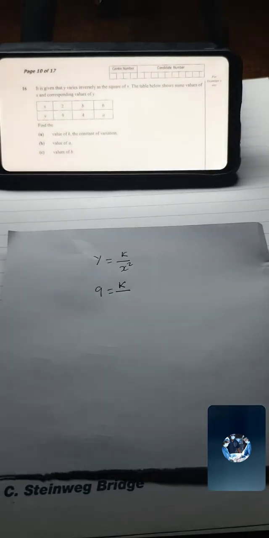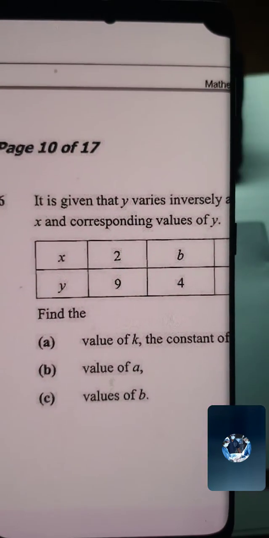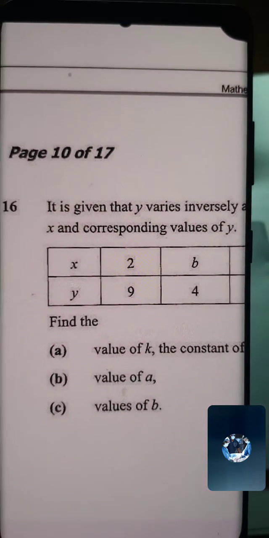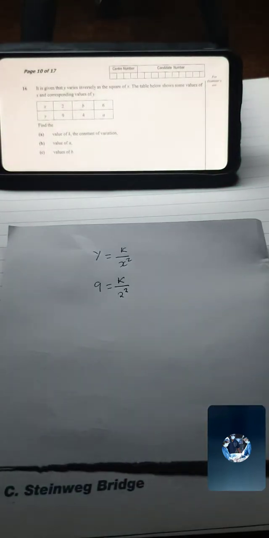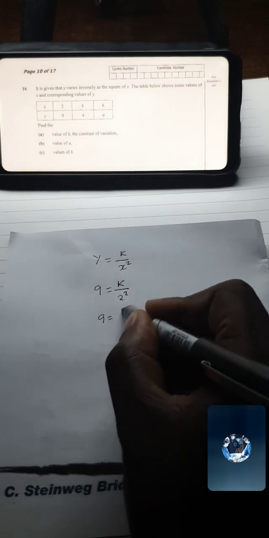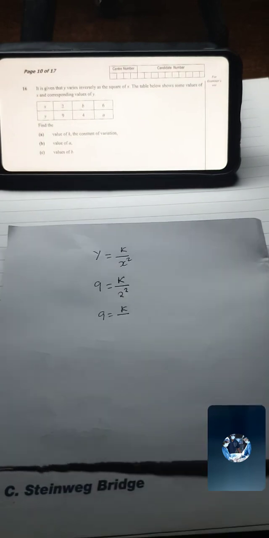Then for x, what are we putting for x? You said x should be replaced with 2. So good, you are right. So now 9 is equal to k over 2 squared. What is 2 squared? 4.